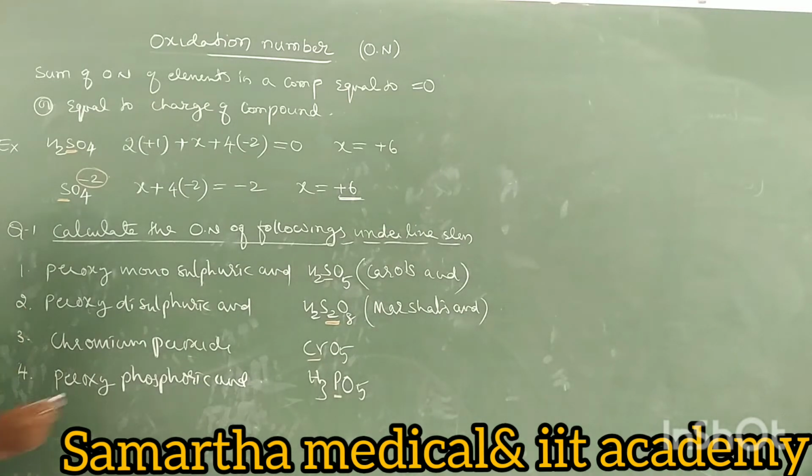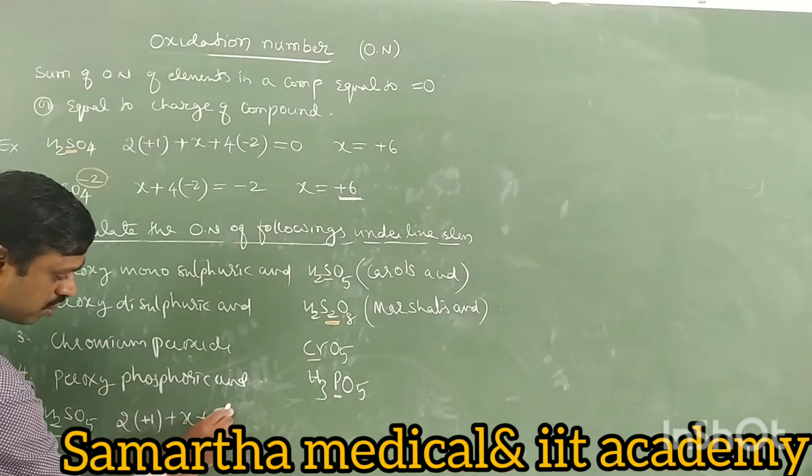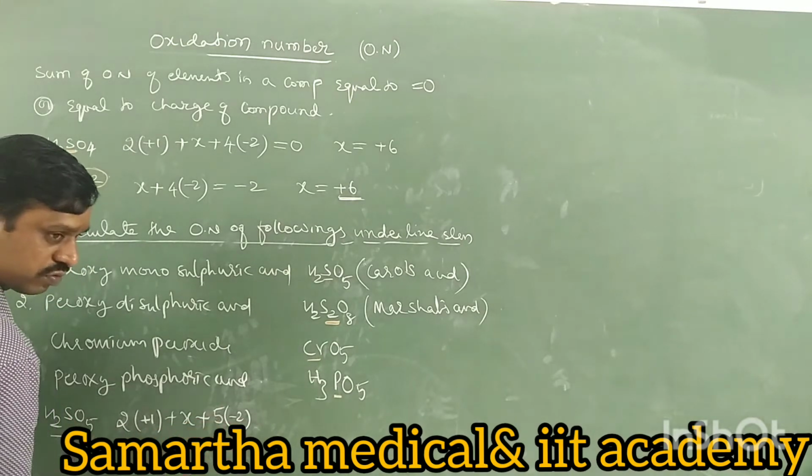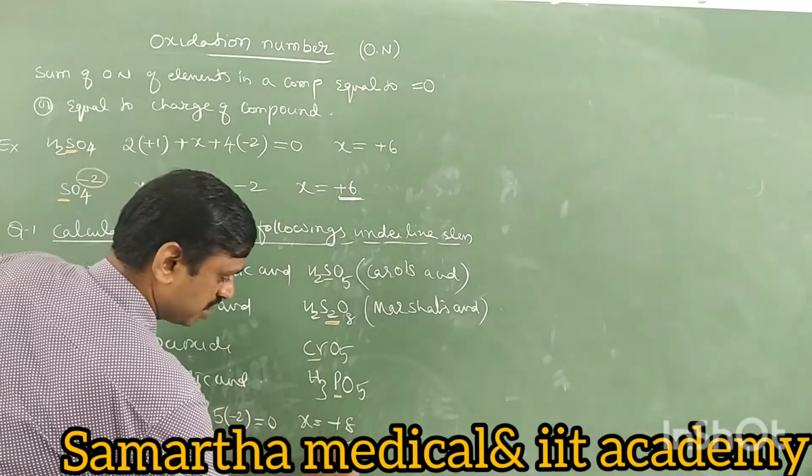Okay, I'll do the first one. Tell me, H2SO5, no? You calculate by the routine method. 2 into plus 1 plus sulfur is X plus oxygen is 5 into minus 2 equals 0. Then X equals plus 8.